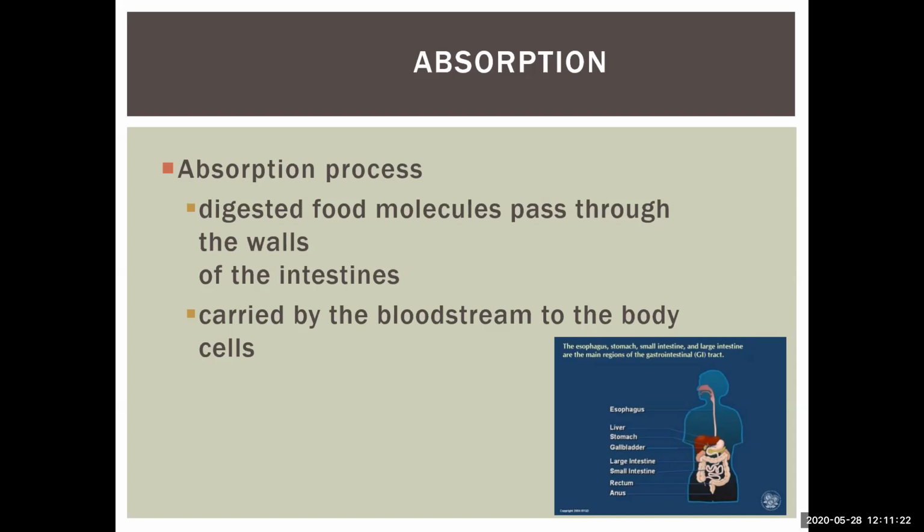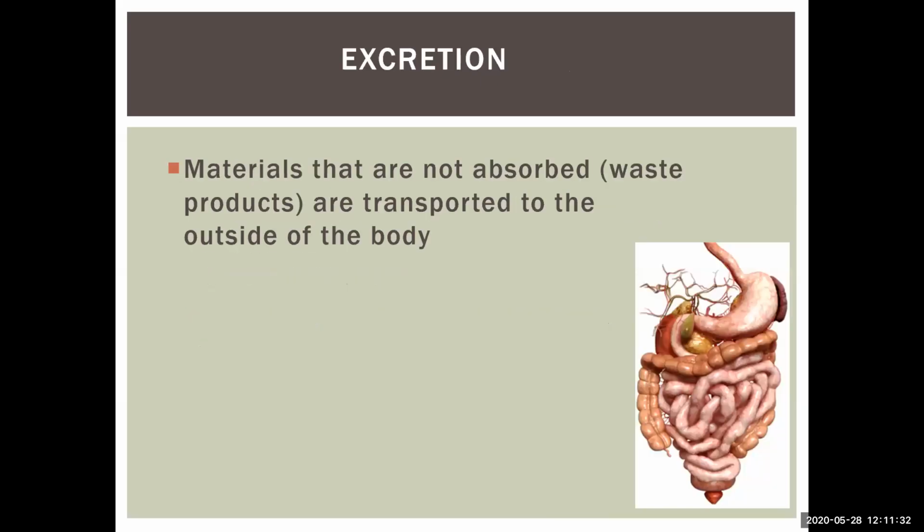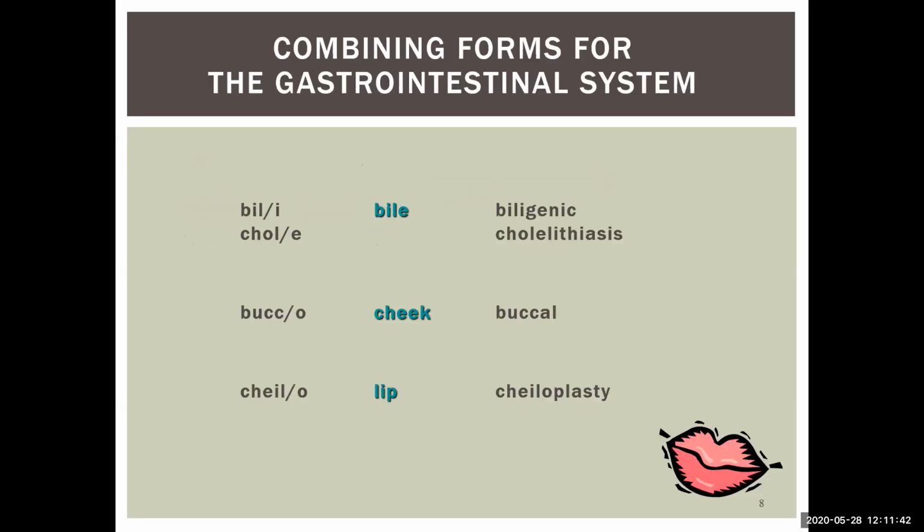And so we have to use types of supplements, sometimes intravenous nutrients. And then it's absorbed in the intestine, carried through to the bloodstream, to the cells of the body. And then excretion is where we eliminate the waste, the products that are not needed for absorption, which are eliminated via the rectum.